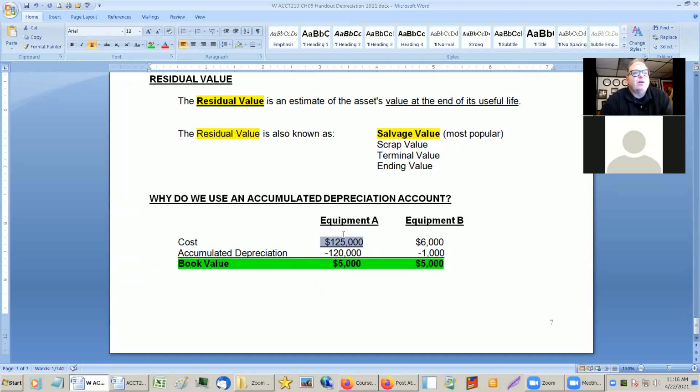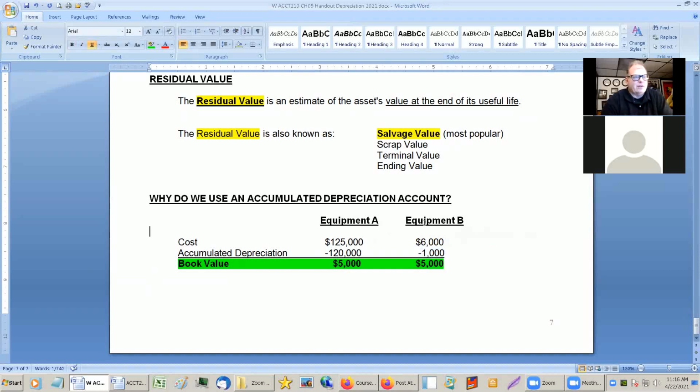So if you're reading this, you're probably going to have to make a pretty big outlay of cash pretty soon, or take a loan or something to replace this piece of equipment. Whereas equipment B is much less expensive, and it's probably much newer.